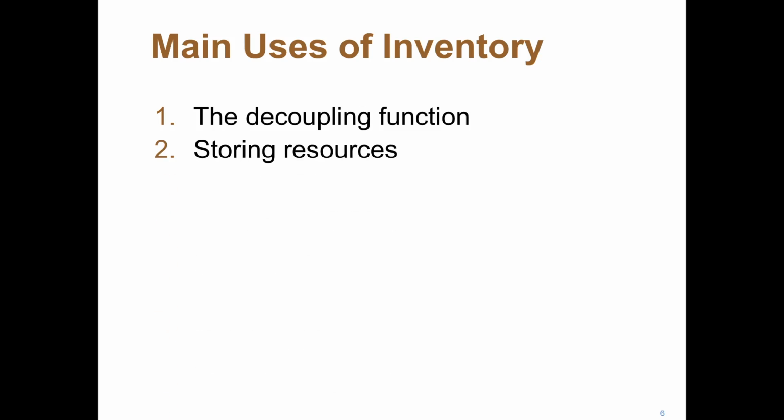The second is storing resources. For example, if a company has made some sub-assemblies, let's say 100 sub-assemblies are made, and it takes 100 hours of labor to produce each assembly.